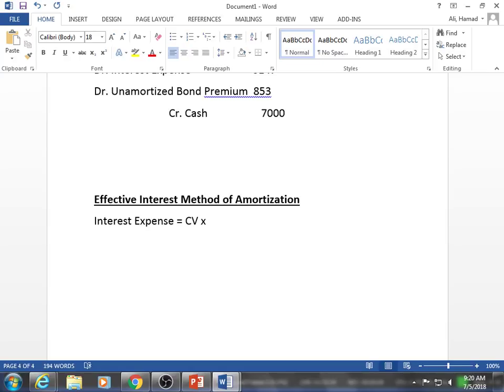In this case, how much was the market interest rate? It was 12, right? Go back to the example.